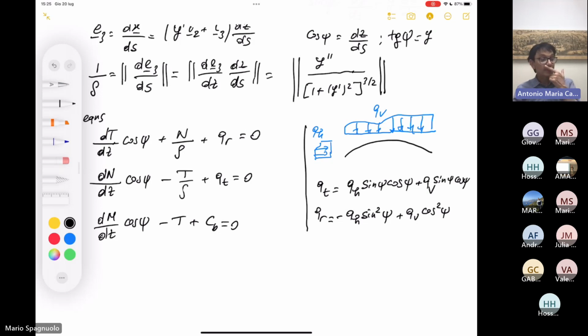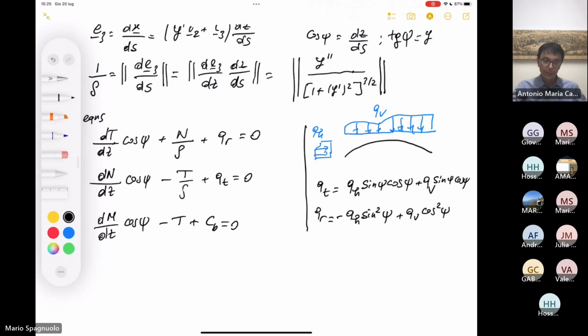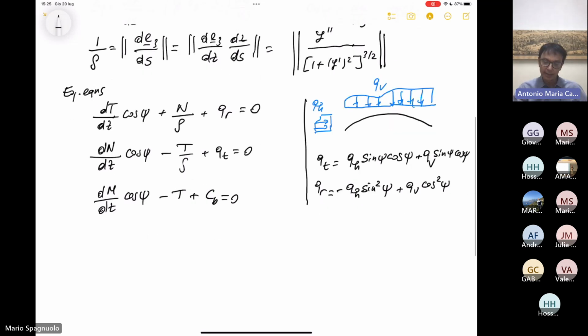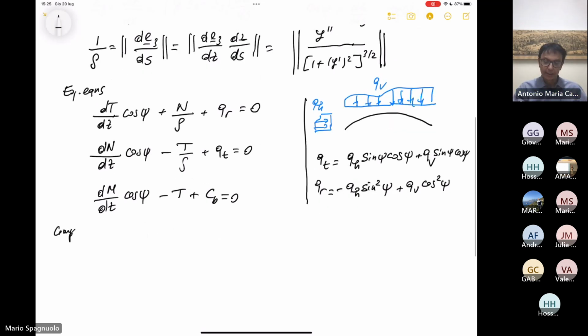The other equations that we need to use are compatibility equations and constitutive equations. So we can use these equations together, and we can write the compatibility and constitutive equations as follows.